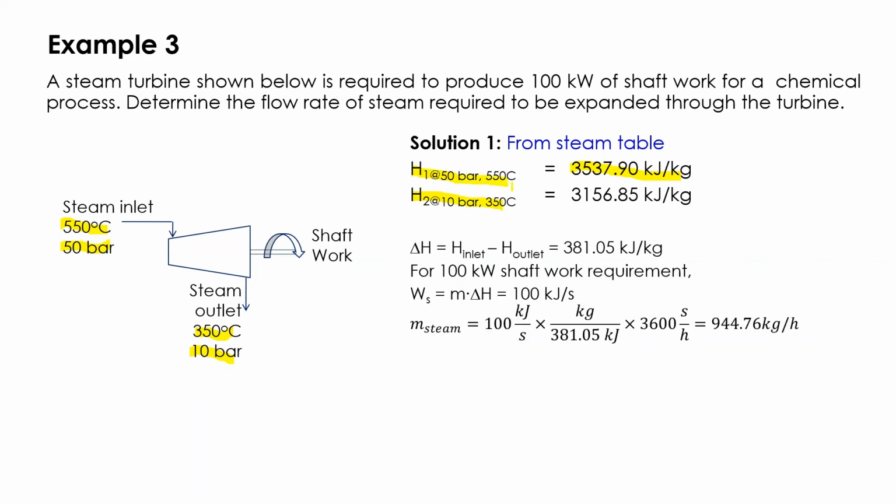Based on the equation here, we have delta H as inlet minus outlet, and then from the equation of work we will be able to identify the mass of the steam, which is equal to this value.